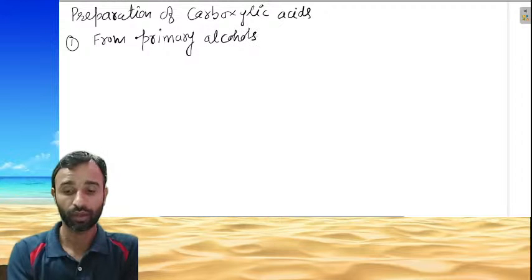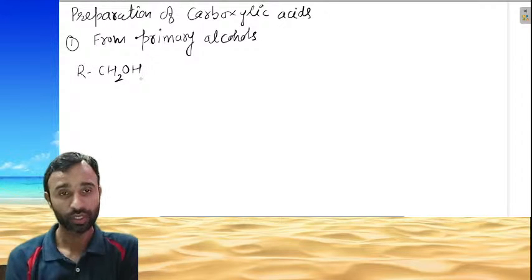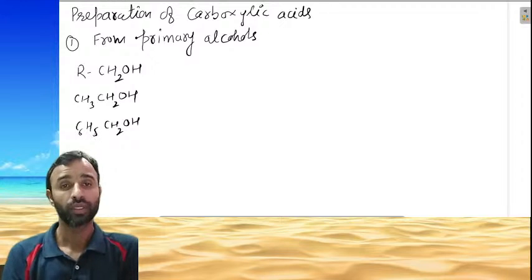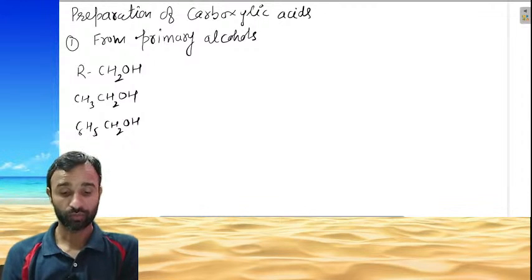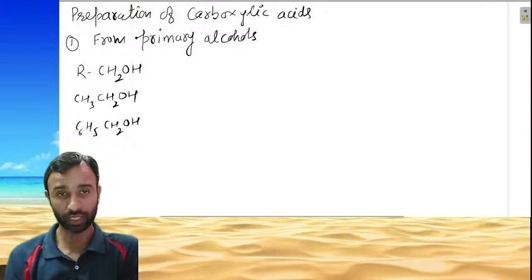You know, a primary alcohol is like this: RCH2OH, which means it is aliphatic, there are alkyl groups, and if it is aromatic, it means benzyl alcohol and ethyl alcohol. Take them.